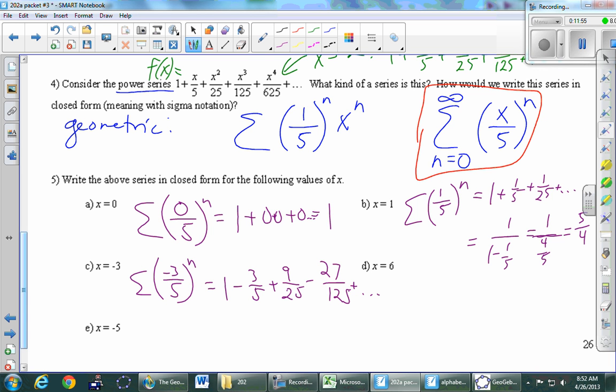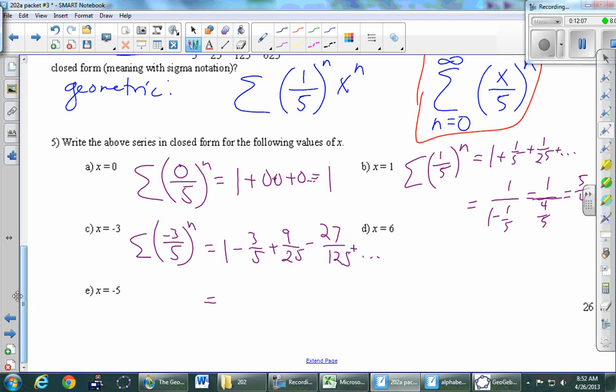And again, what kind of series is that? That's geometric. It is alternating. We can use our geometric series formula to figure out what the answer is. So let's see, again, a over 1 minus x. First term over 1 minus, what's the ratio?